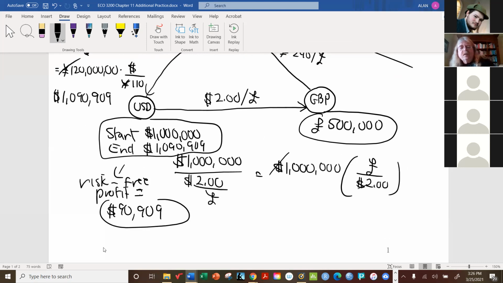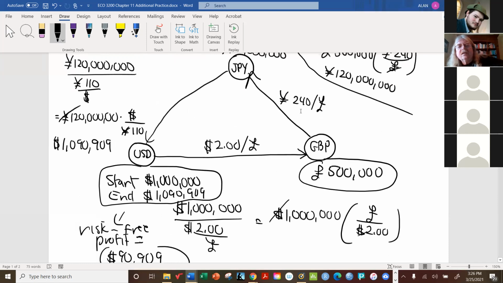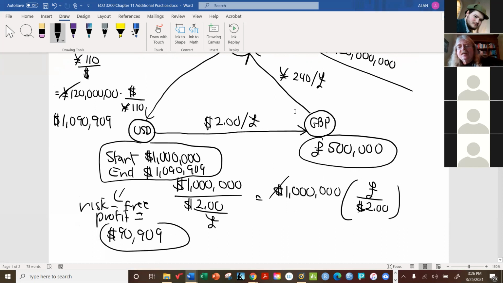How did we make that money? Well, all we did was take advantage of the mispricing here when we were offered 240 yen per pound instead of the appropriate amount, which would have been 220. But somebody out there gave us the wrong quote, and we're happy because we just took advantage of it to make a risk-free arbitrage profit of $90,909.